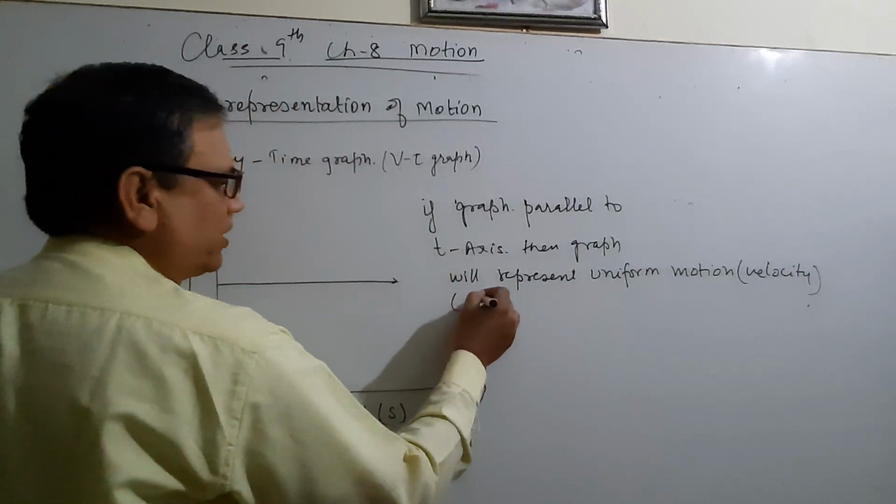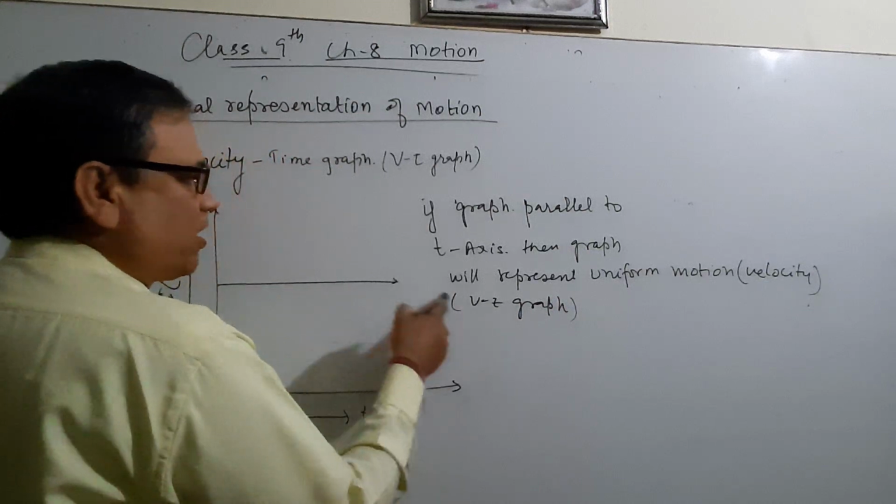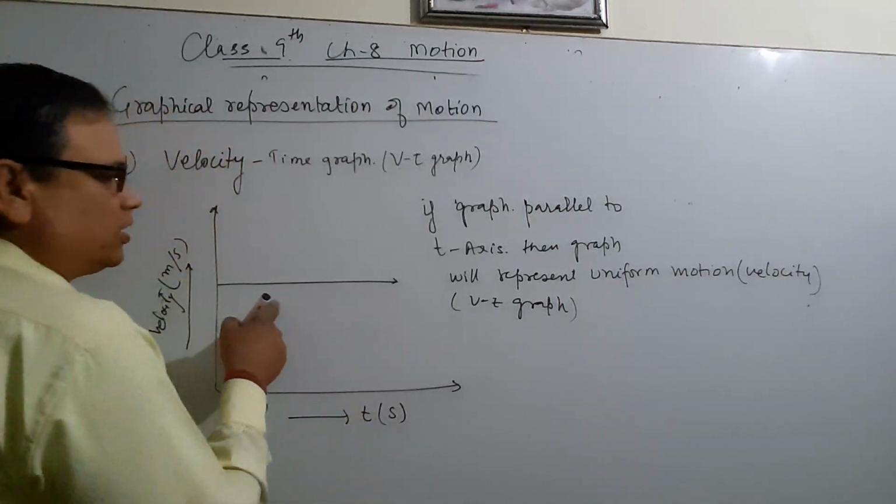In a VT graph, if the line is parallel to time, it represents the uniform motion, uniform velocity.